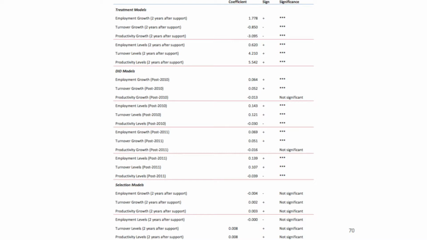There's a correlation on turnover growth of minus 0.85 on the coefficient. On productivity growth, it's -3. So this intervention on the treatment model method is positive on employment, negative on turnover, and negative on productivity. So this intervention appears to be very good at creating jobs and rubbish at creating turnover growth and productivity growth. That is not what you want a business support intervention to do. That's just bulking out employment. You're not improving turnover, you're not improving productivity.